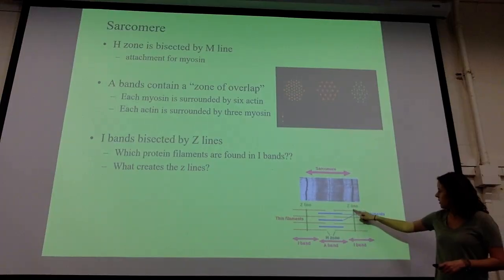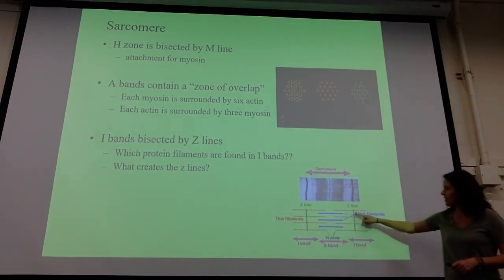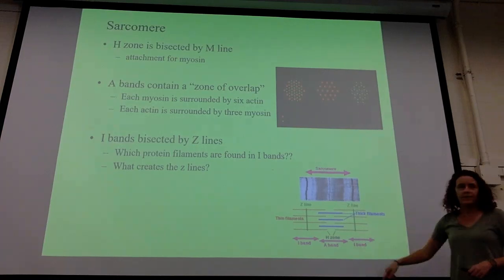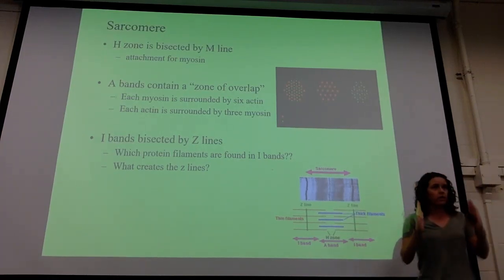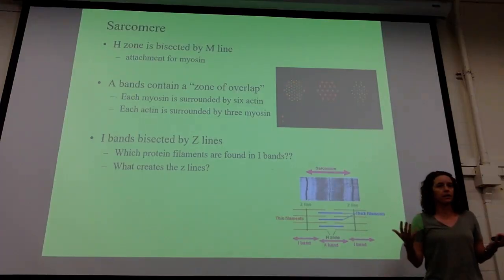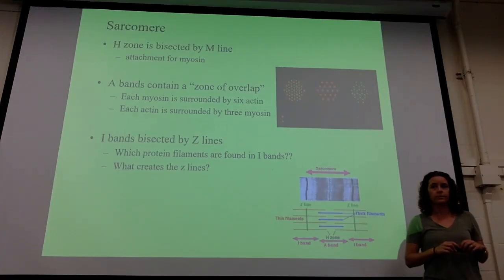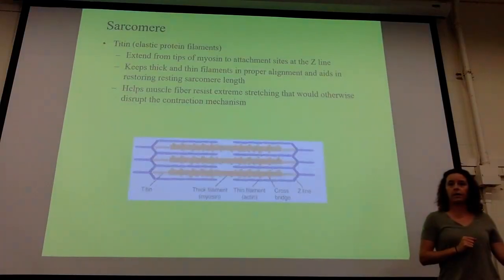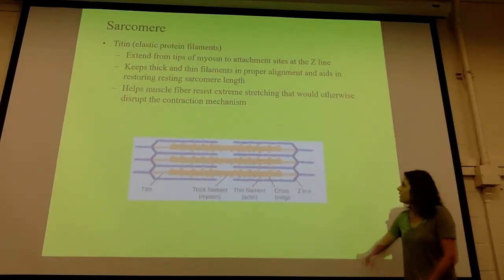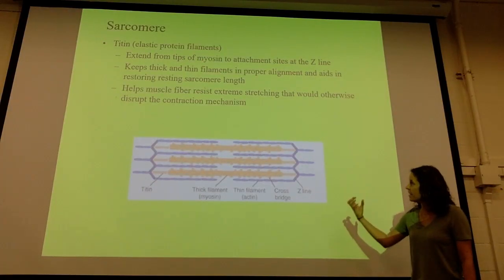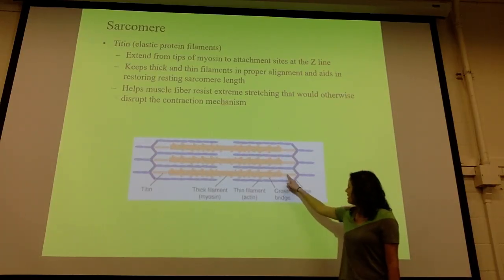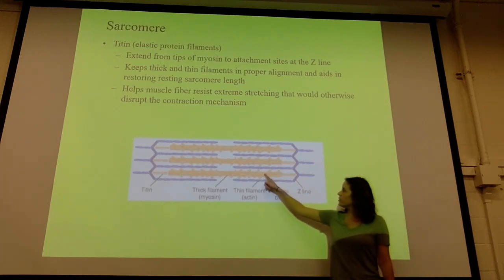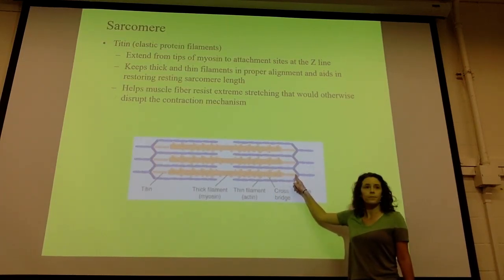And then the I bands on the outsides here are bisected by the Z lines. And the Z lines are another anchor point where essentially the actin filaments are tied together. Then we have this elastic filament called titin that essentially anchors the myosin molecule to the Z line.